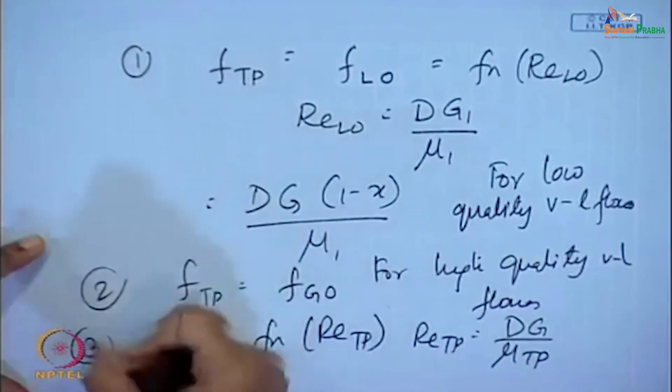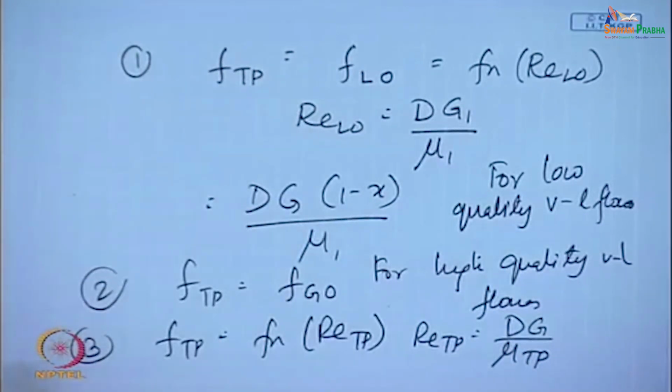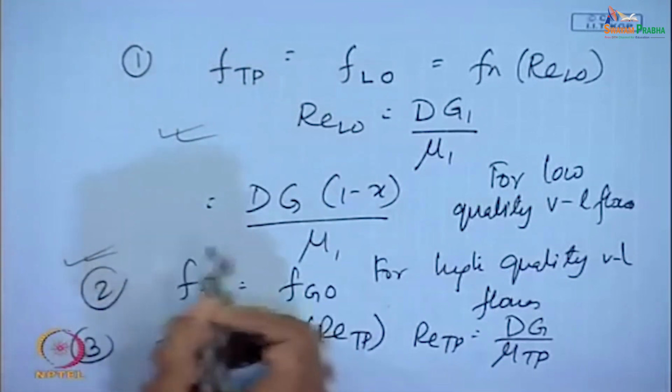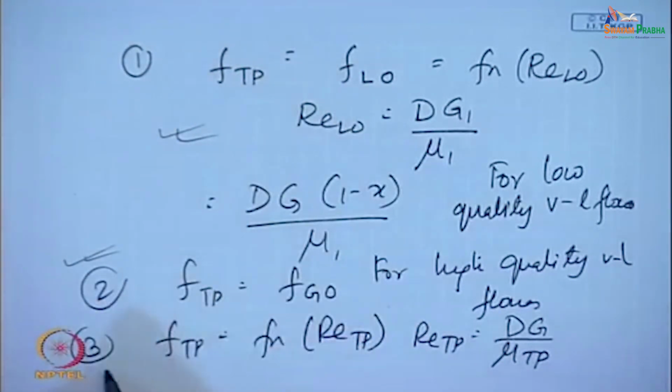These are the three ways by which we can define it, and we find that there are problems with them. The first two are for very idealized situations, and here the problem is to define mu_TP. So, in the next class we will be discussing different ways of deriving mu_TP, number 1.